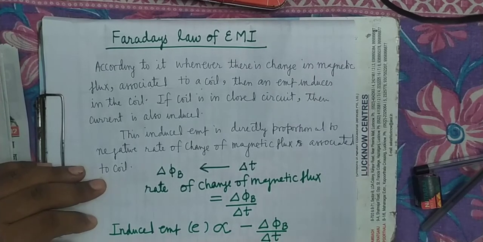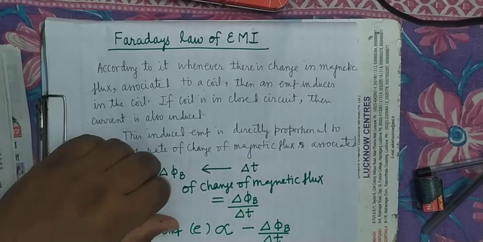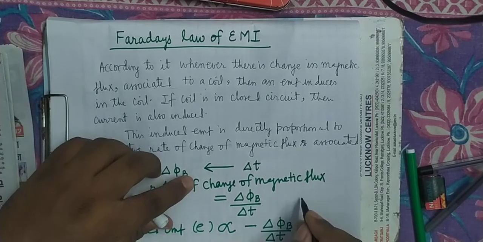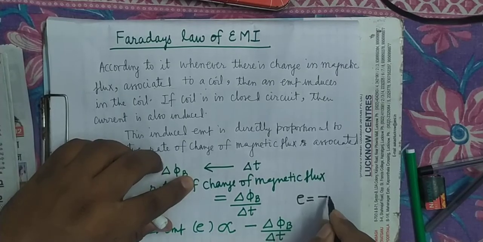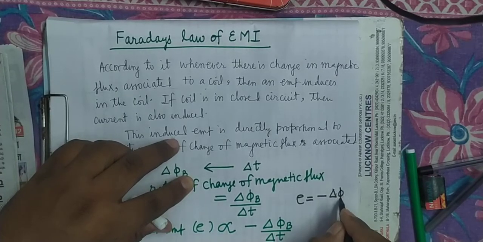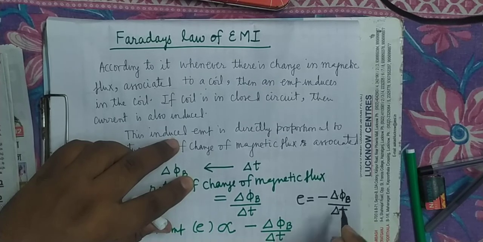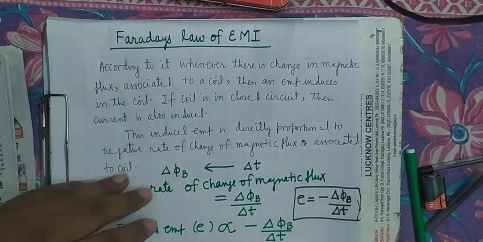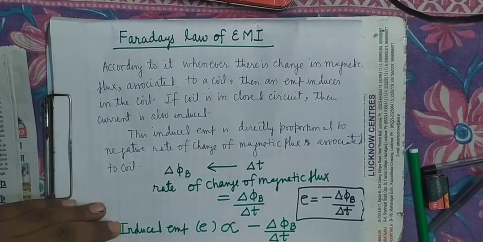Or we also write it as E equals minus delta phi B upon delta t. It is also written in this way.